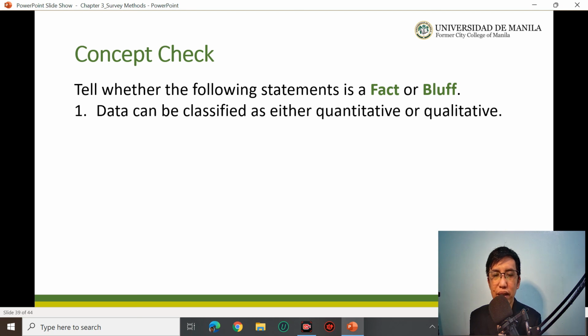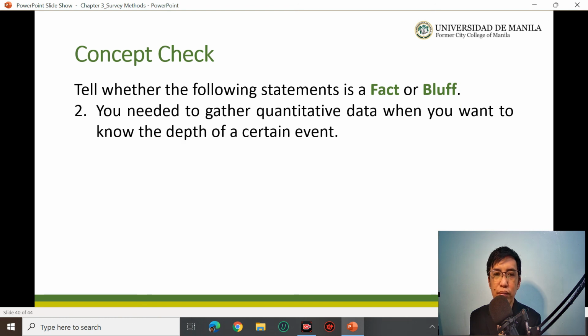Number 1, data can be classified as either quantitative or qualitative. 10, 9, 8, 7, 6, 5, 4, 3, 2, 1. Okay, and it's a fact. That's correct.